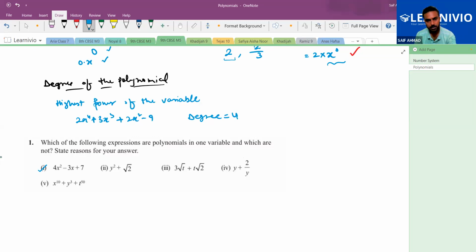Yes, sir, the second is also a polynomial. Lokia, is the third one a polynomial? No, sir, because the power of the variable is not a whole number. Fourth one, Suleiman. Is this a polynomial? No, sir. Why?